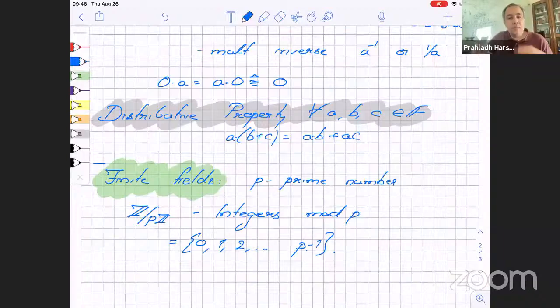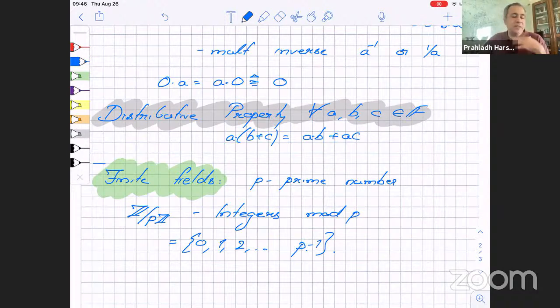I want to claim this set under the usual notion of addition and multiplication, except that whenever you add or multiply two numbers and it overshoots P, you just take the remainder and get it back to something less than P. If you define addition and multiplication this way, this set actually forms a field.